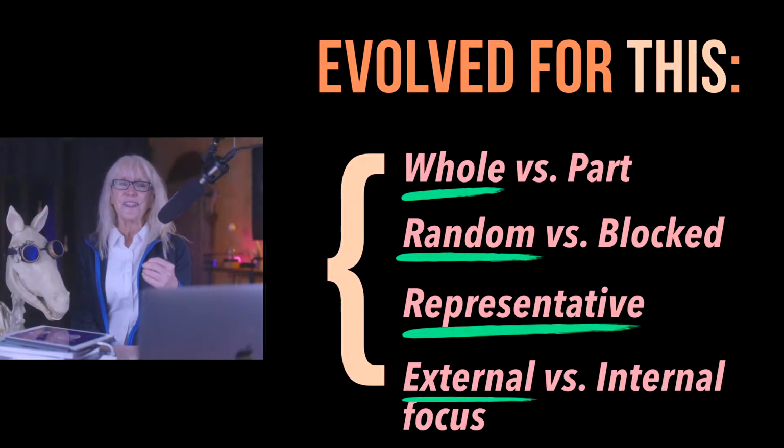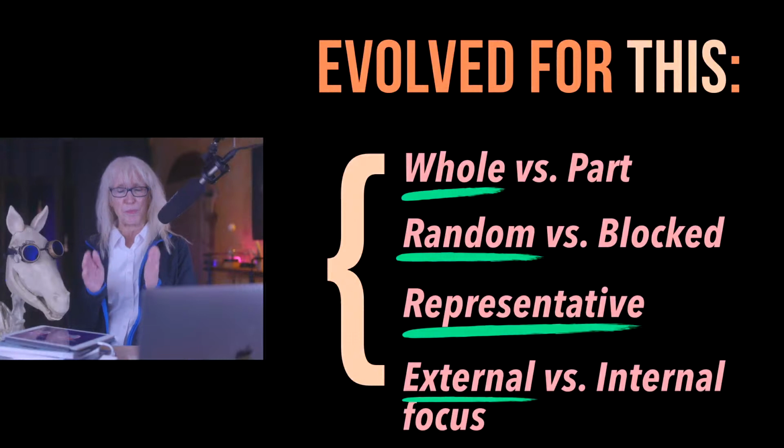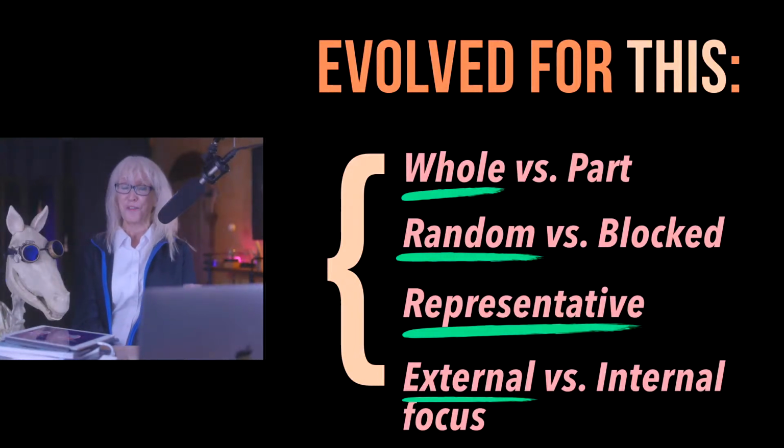This is how living creatures evolved, to do whole movements, not practice them in isolated parts. Things are random, not this big block of time to work on this one thing. Things are representative because we were doing them in the real world with an external focus.